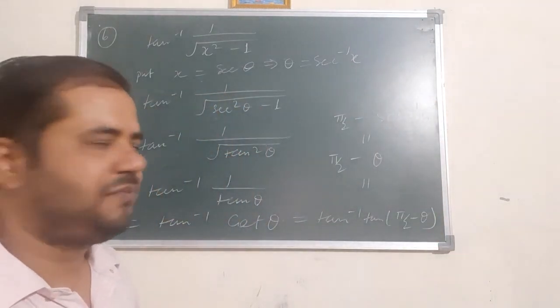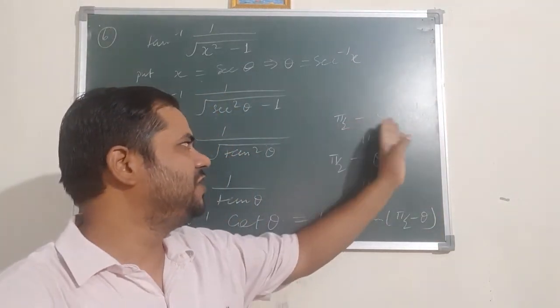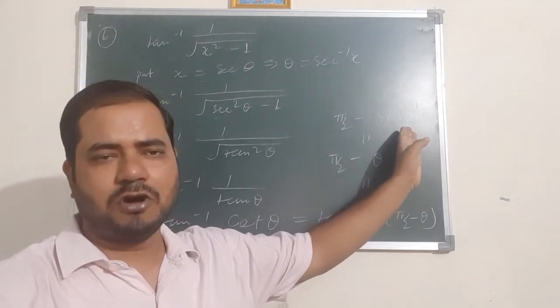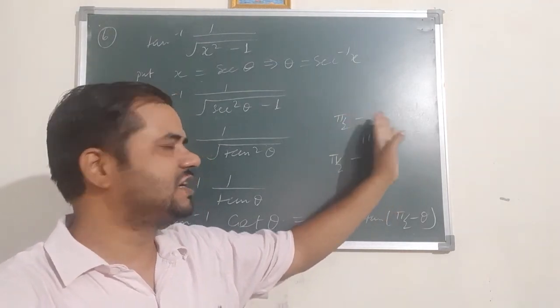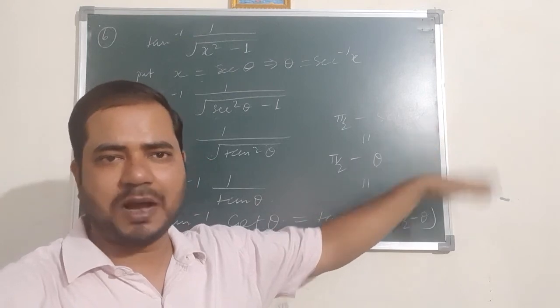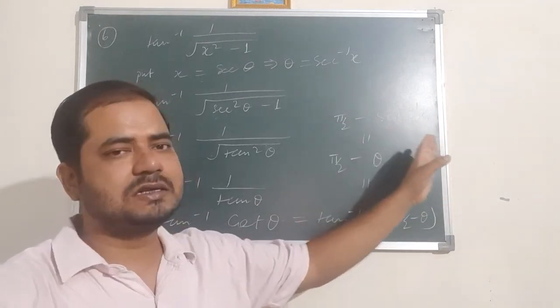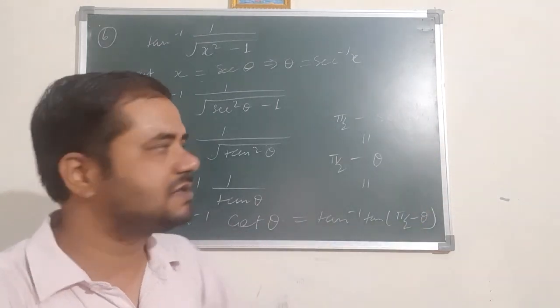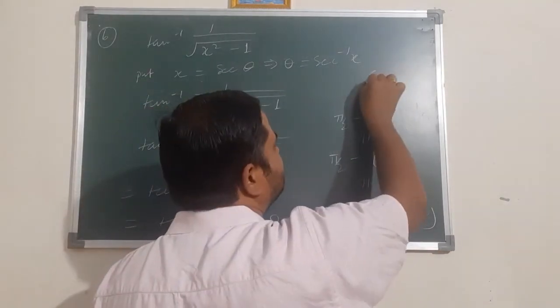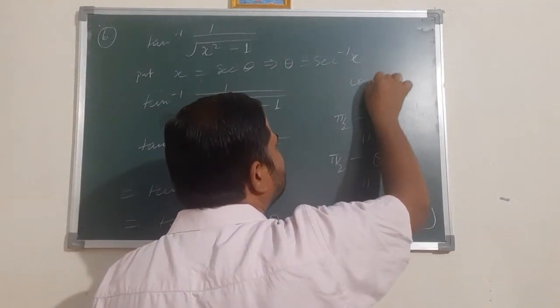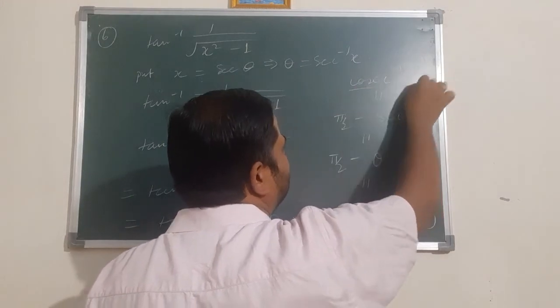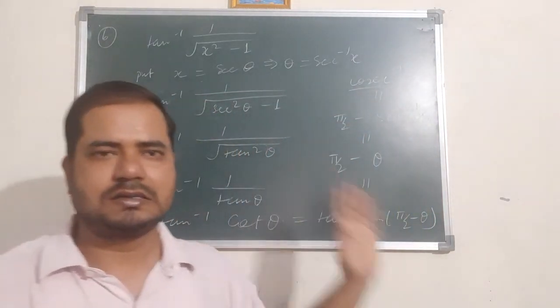Okay. You can write pi by 2 minus sec inverse x. You already have the property: sec inverse x plus cosec inverse x is pi by 2. So cosec inverse x is nothing but pi by 2 minus sec inverse x. So you can write it simply as cosec inverse x. So maybe the answer is cosec inverse x or pi by 2 minus sec inverse x.